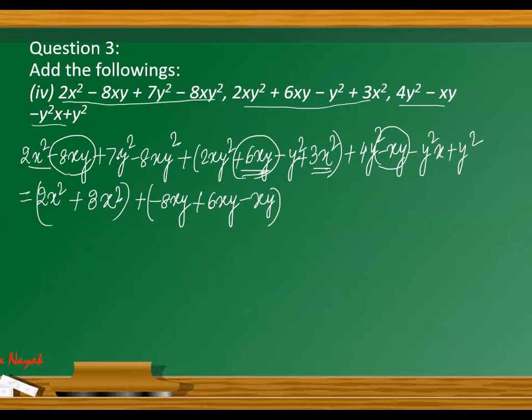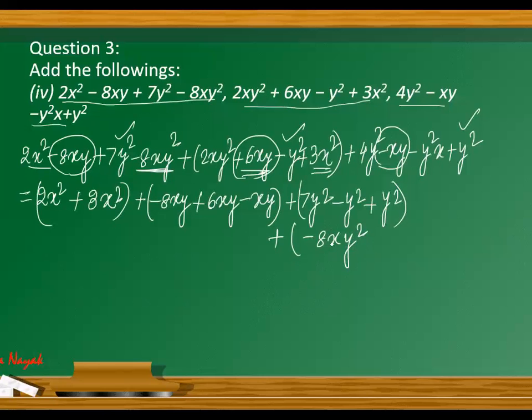Next coming to y square. Plus 7y square. Then here minus y square, negative y square. Here it is plus y square. This is one term. What else remains? Remaining is this one: negative 8xy square.